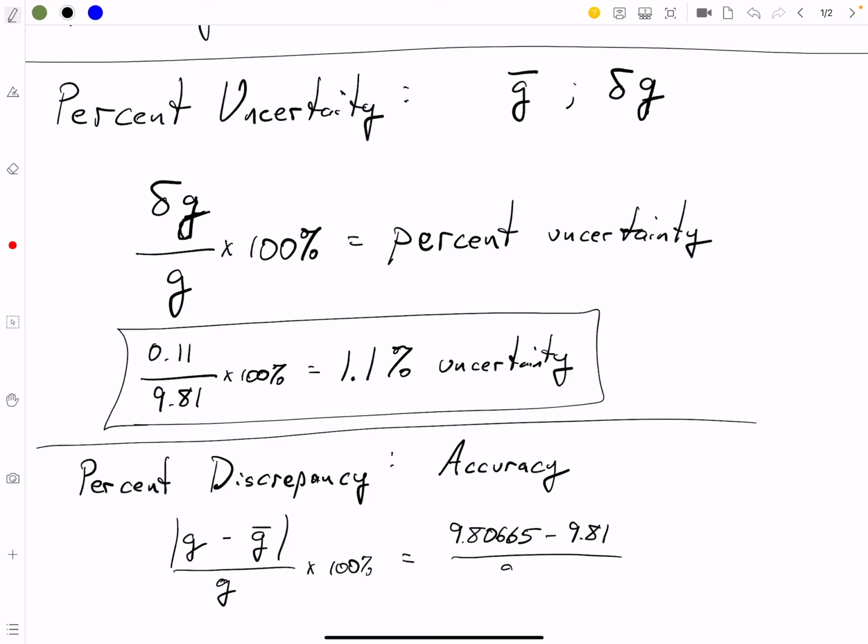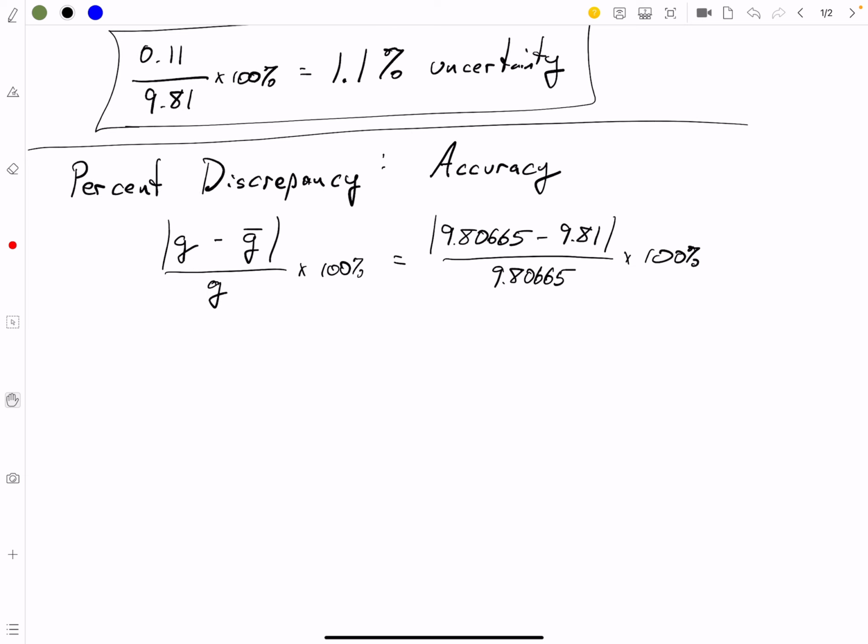Then we're going to come down here and divide by 9.80665. We want the absolute value of that. We're going to multiply by 100 to get that percentage. Let's give ourselves some room. And this would be our percent discrepancy.